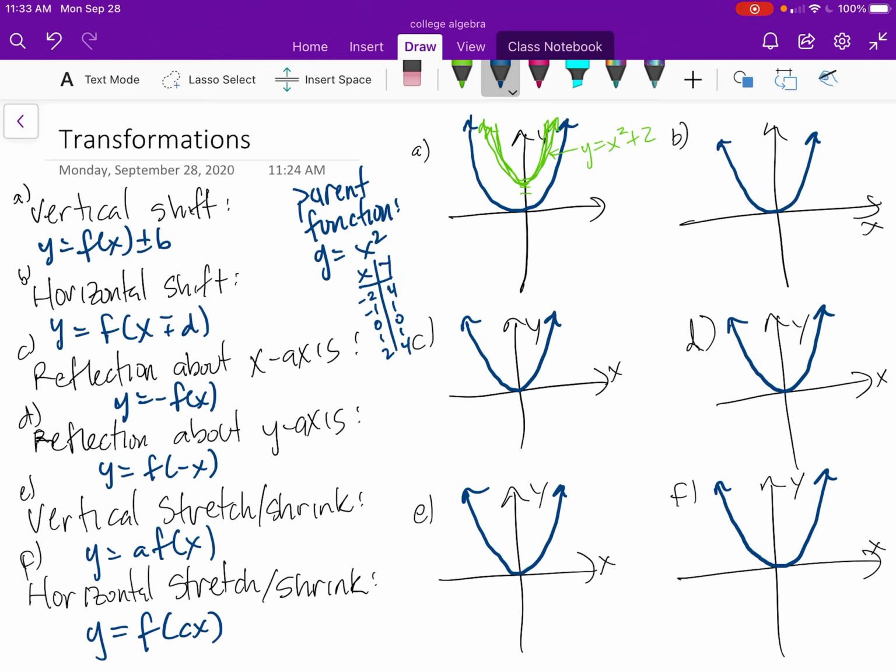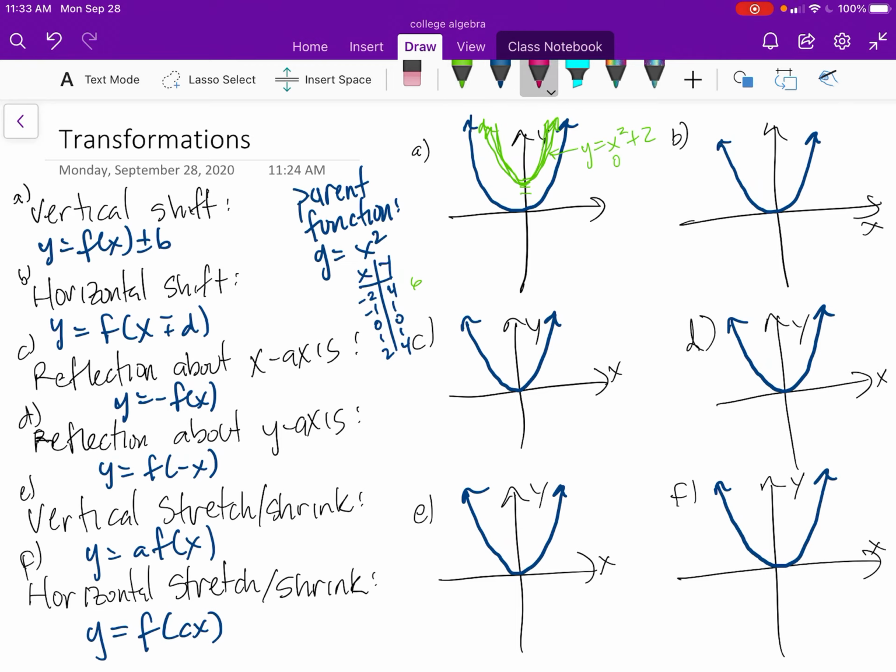But if I added 2, then the negative 2, 4 becomes negative 2, 6. If I substitute 0, which is always a really easy one to check, in for y equals x squared, I get 0. But if I substitute 0 in here, 0 squared plus 2, I get 2. And that will happen along this entire graph. Everything got shifted up 2.